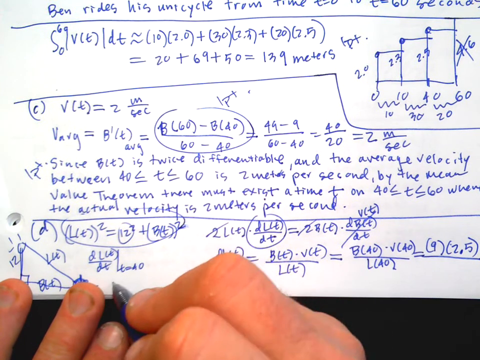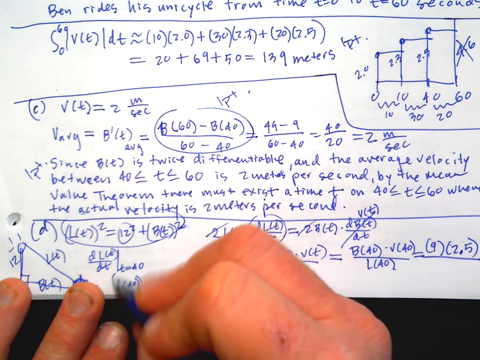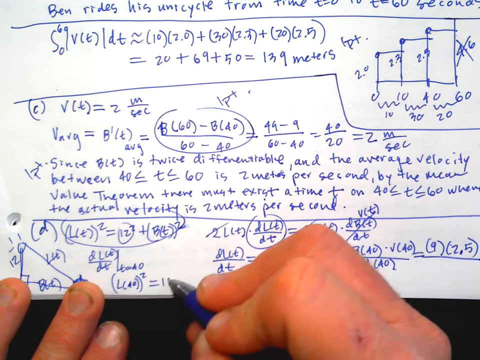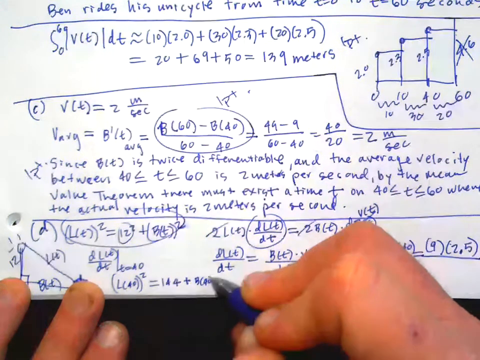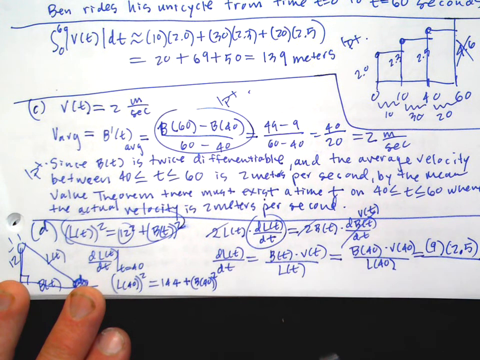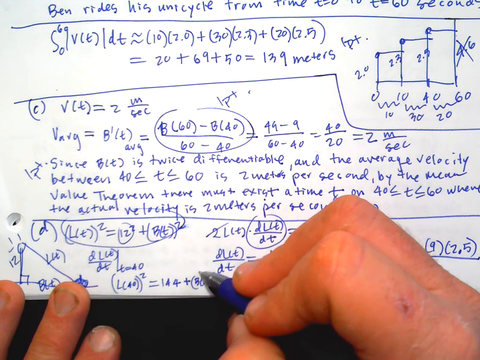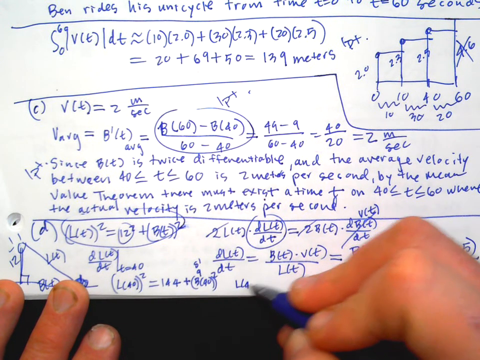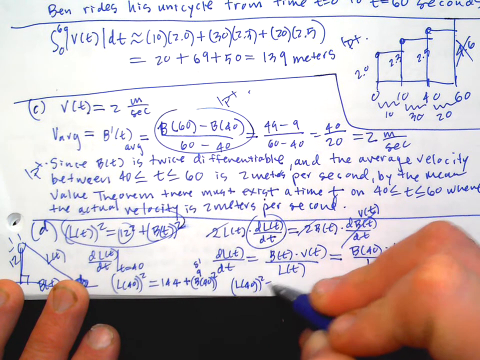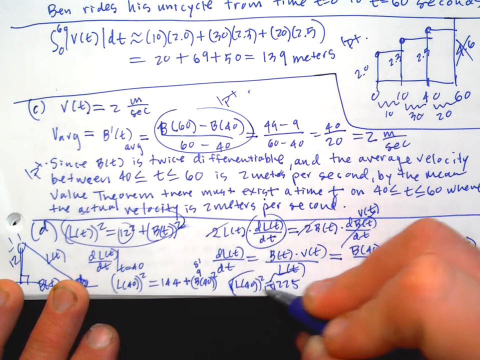So if you do L(40) squared, it equals 144 plus B(40) squared. Now B(40) is 9, and 9 squared is 81. So L(40) squared equals 225, and then take the square root of both sides, plus or minus.